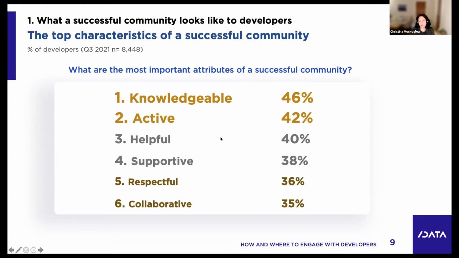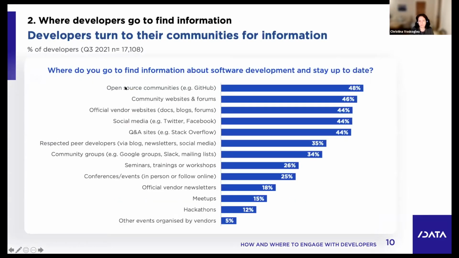So we asked that same thing about communities, but in a different way. We asked them, where do you go to find information? It's a different angle, right? And we wanted to see if community would be the first thing they said. Well, it was open source communities. They said they go to places like GitHub or community websites and forums to get information.